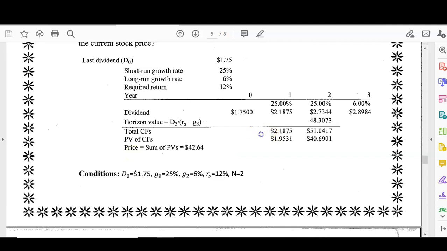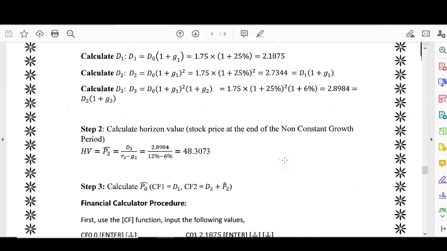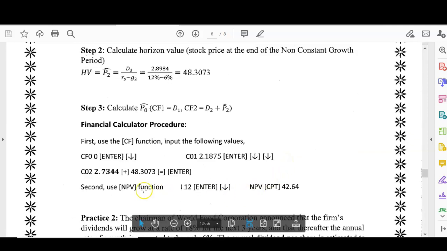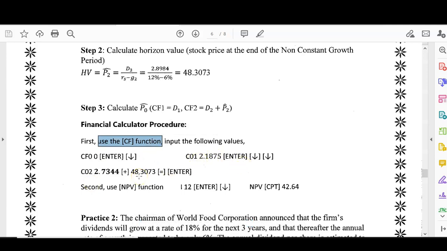This shows how we can discount D1 and D2 plus P2 to get two present values and add them up for the stock price. This is an alternative to using the cash flow function to discount the two cash flows.